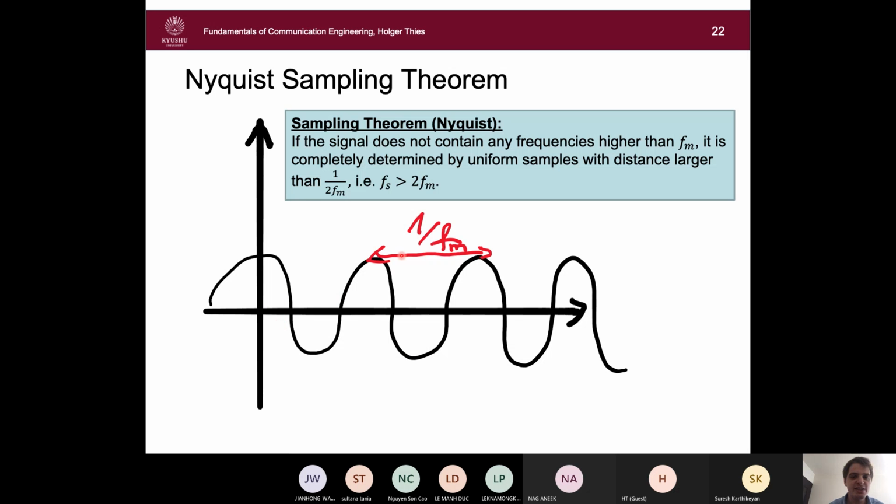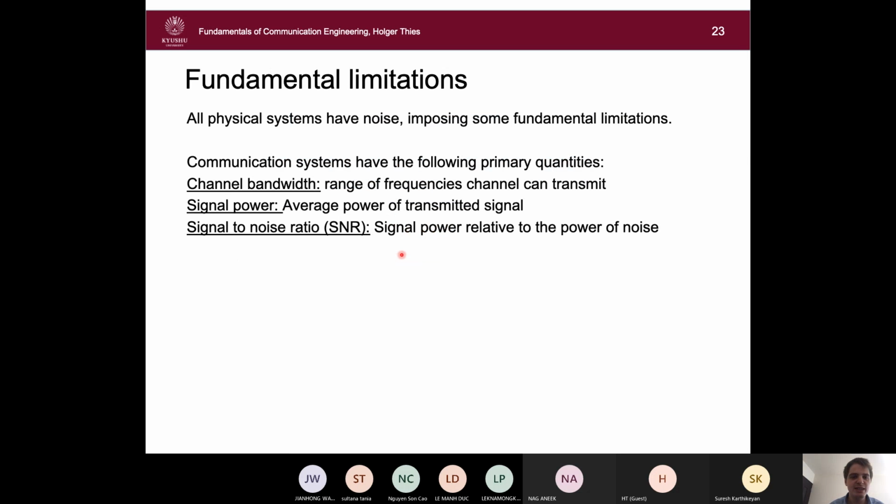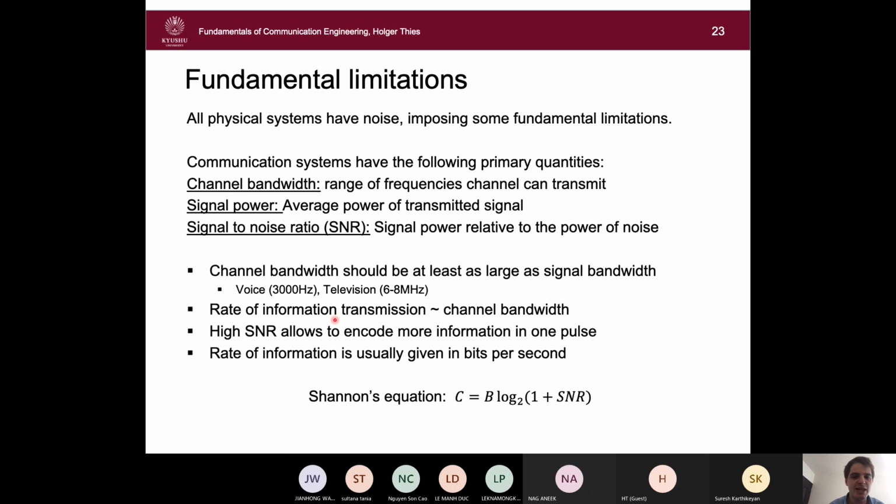Higher frequency means it changes more often. So if we allow higher frequency, we can compress signals and get more information through the channel. This is why the rate of information transmission is directly proportional to the channel bandwidth.